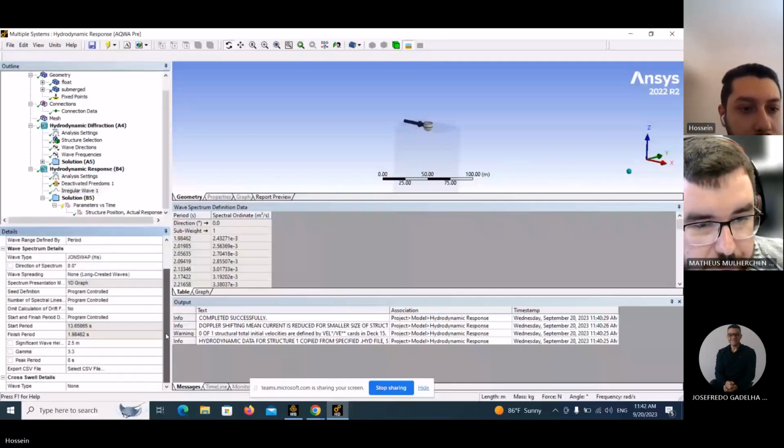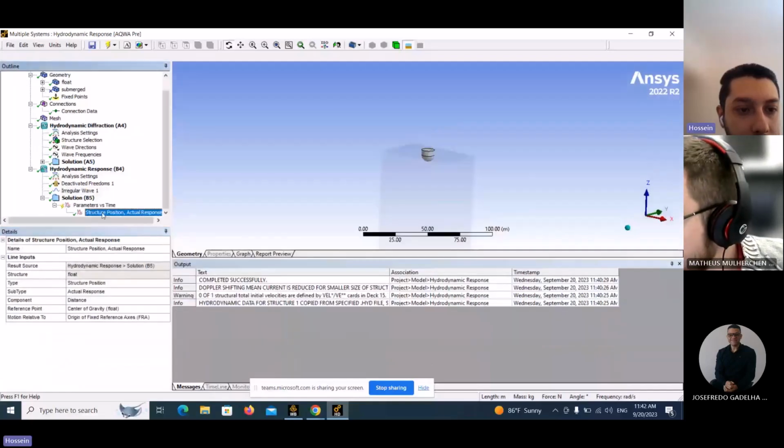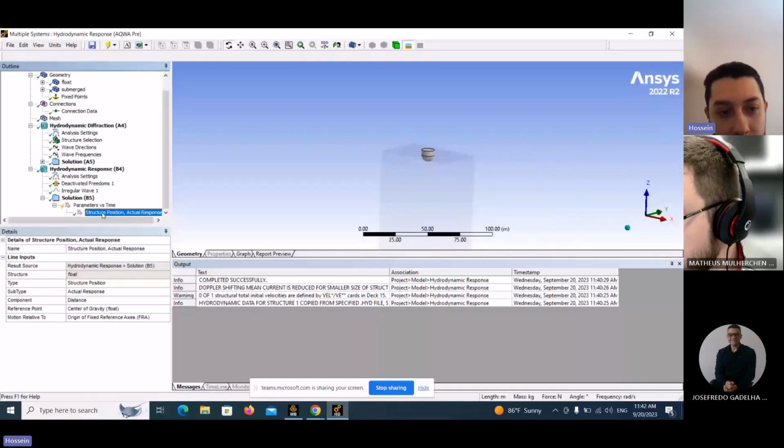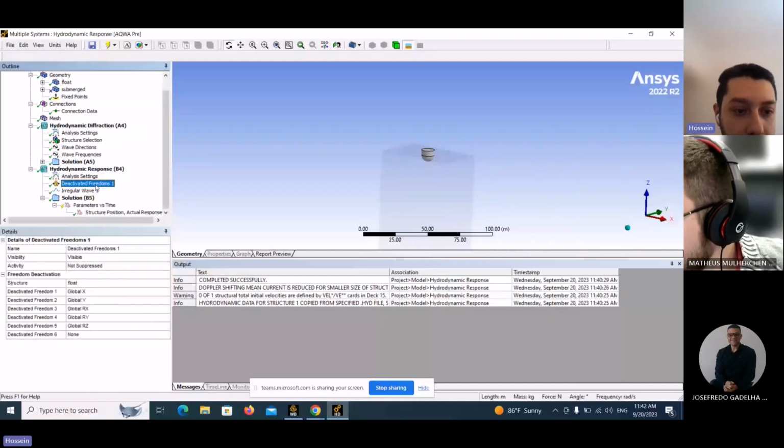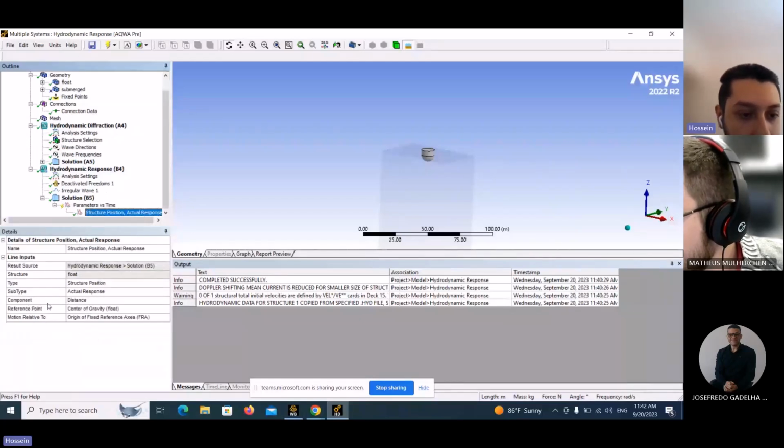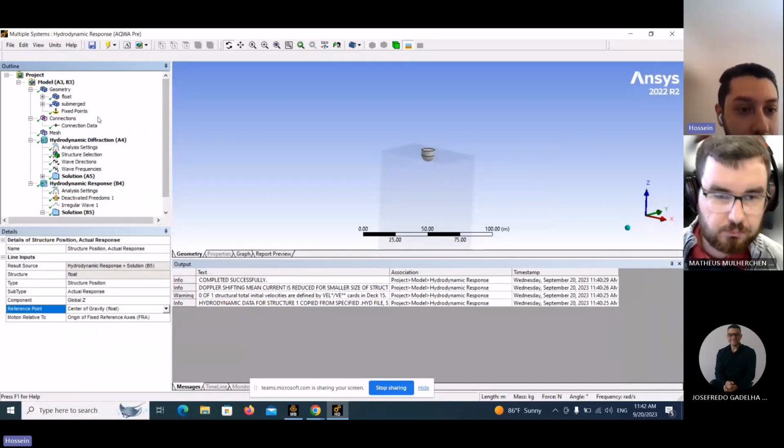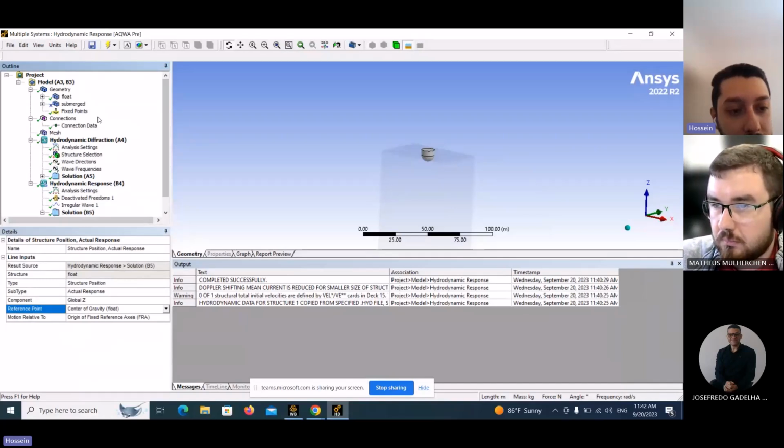We want the results of the position, I mean the motion of your structure, and as we assume the structure only has the heave motion, here we have to put the component on the global Z. And if we define a connection point here, we can change this reference point or motion relative to other points that we defined before.